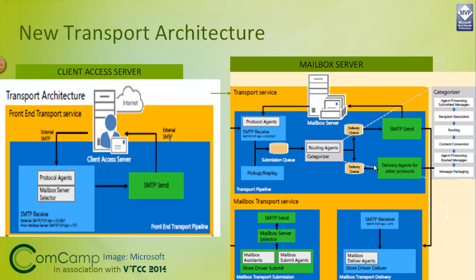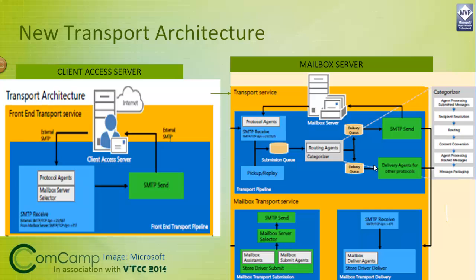Front-end transport service does an AD lookup for the closest healthy mailbox server to connect with its transport service, so that it can hand over the message to the mailbox server's transport service.